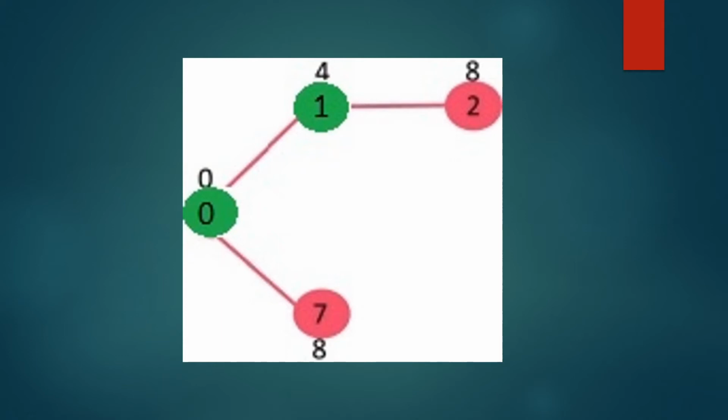So we compare that edge with the edge from 0 to 7, and we see which one weighs more. In this case, they weigh the same amount. And if they weigh the same amount, you can pick either. It doesn't matter. You should still get roughly the same cost graph.